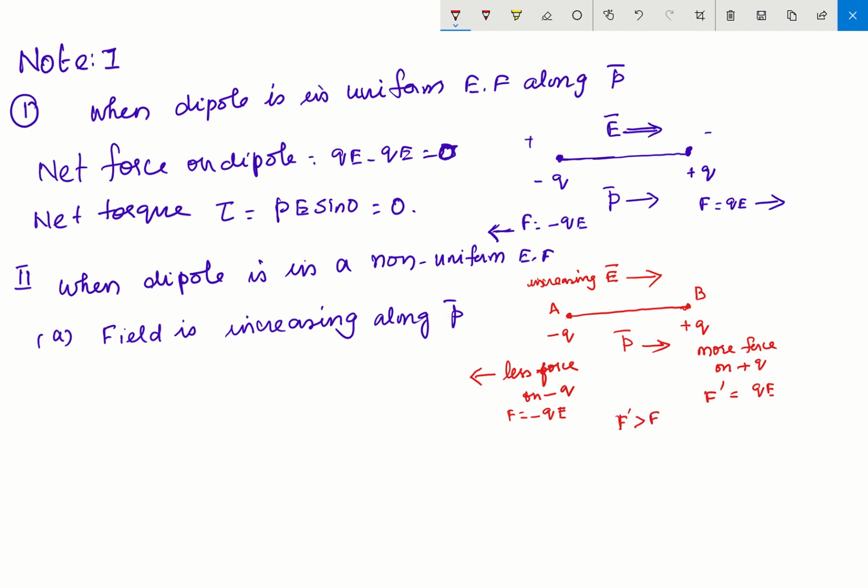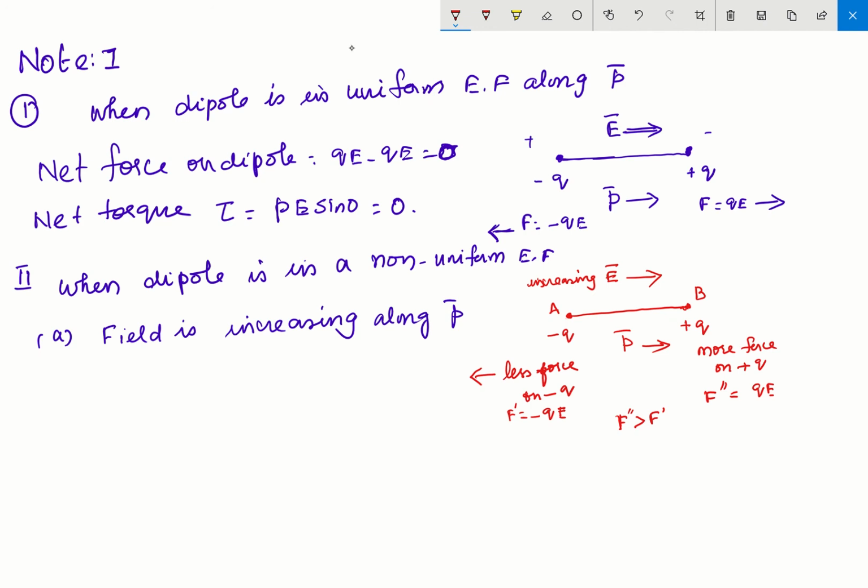Therefore, what will be the net force? Let me have this. It is not F1, it is F dash and F double dash, because F is the net force I have kept. Okay, what do you say here? What is the net force?